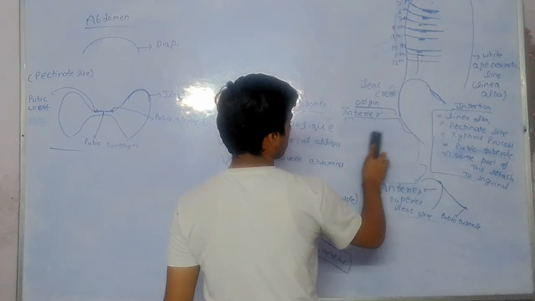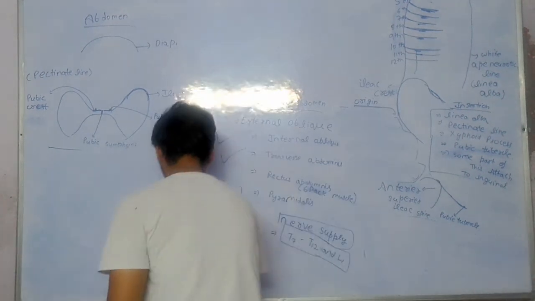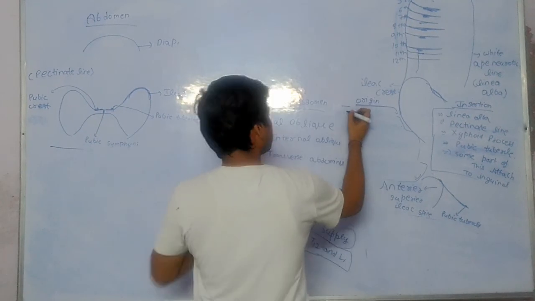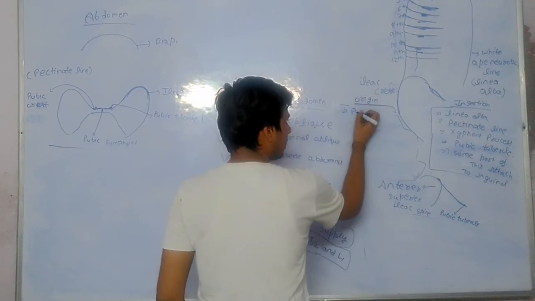For rectus abdominis, some things are changed. The origin of rectus abdominis is the pectinate line.